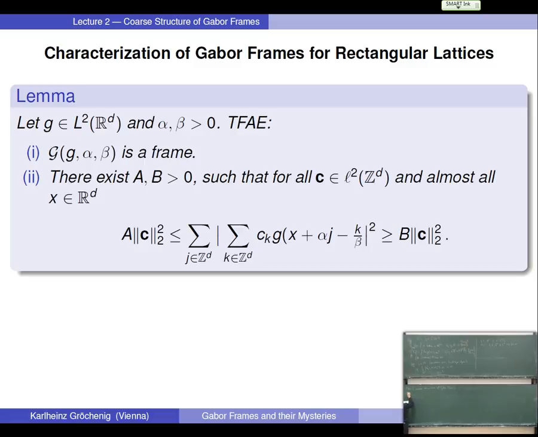So if G is in M1, then the full frame set of G is an open subset in the manifold of all lattices.